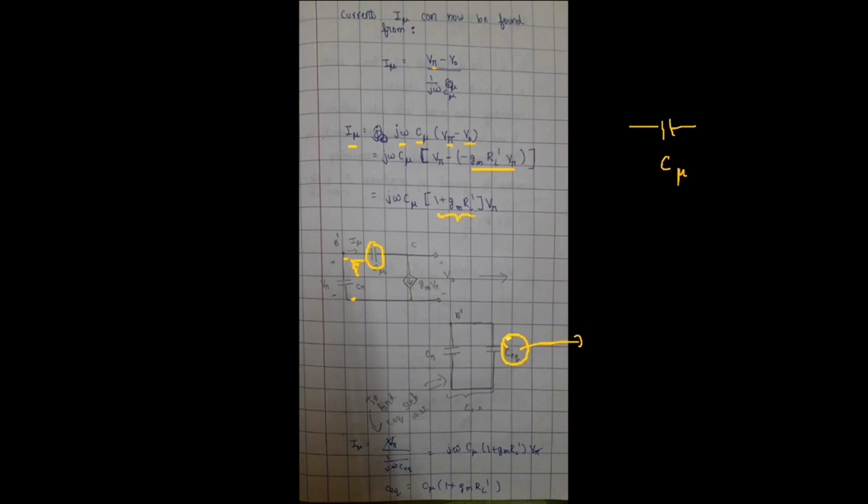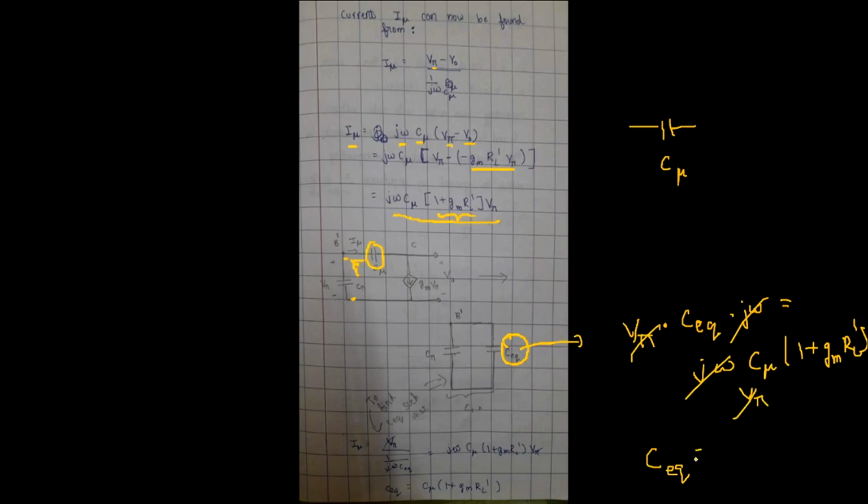So the current flowing through this equivalent capacitance should be equal to this particular current, which we found to be j omega into C mu into 1 plus gm RL dash into V pi. So the current across C equivalent has to remain the current across C mu, so we will have to take the value of the capacitance such that the current flow remains the same.